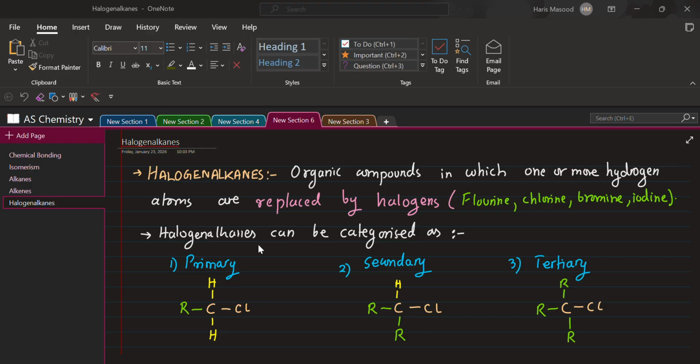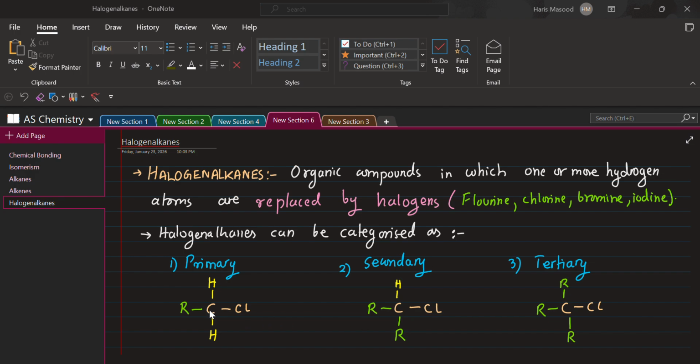Now halogenoalkanes can be categorized as primary, secondary and tertiary, like the one we did in primary carbocation, secondary and tertiary. Same concept is applied here. So you always have to look at the carbon to which the halogen is attached.